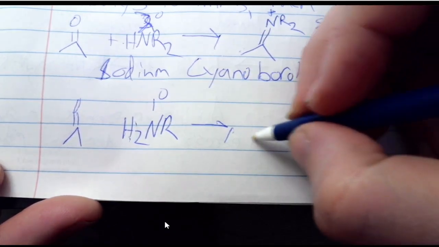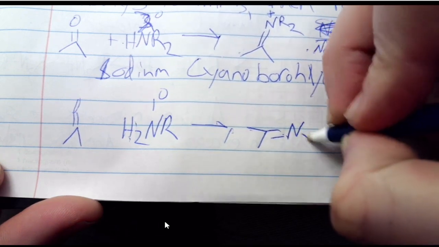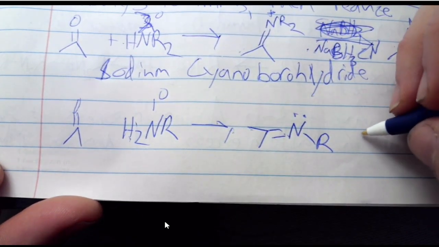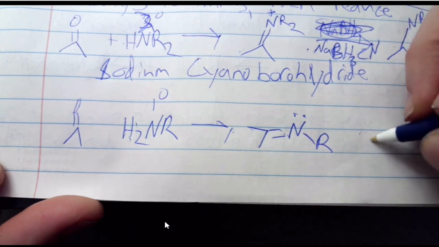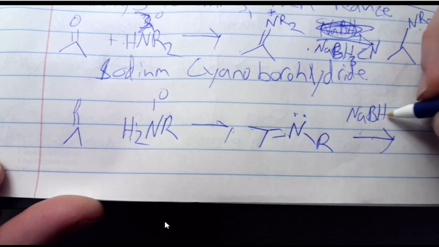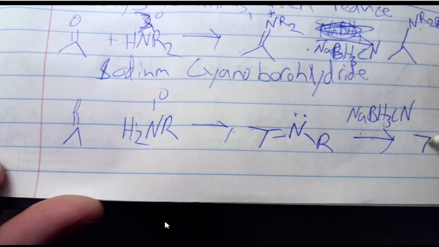This ended up as that imine, and then using the reducing agent, sodium cyanoborohydride, we would get a secondary amine.